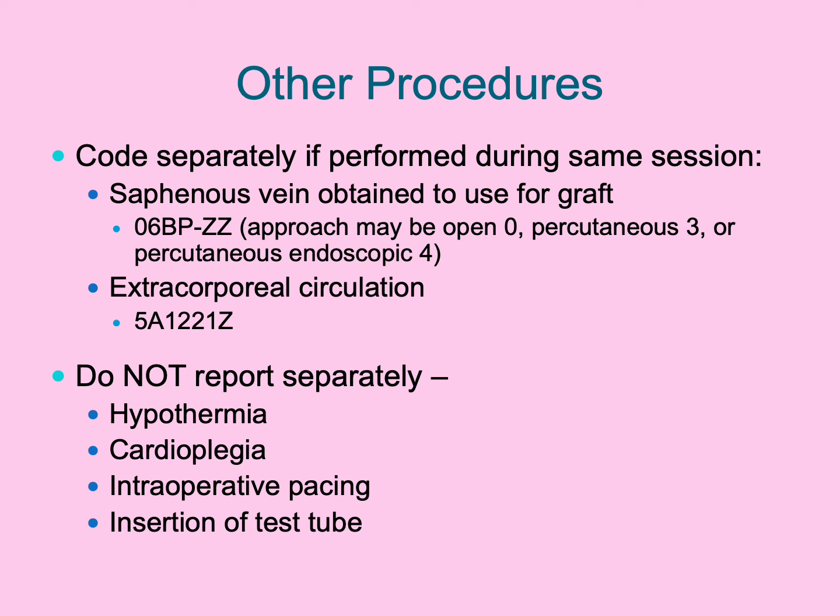Extracorporeal circulation can also be reported separately. That's 5A1221Z. You cannot report separately hypothermia, lowering the temperature to depress the circulation, cardioplegia, intraoperative pacing, and insertion of a test tube.